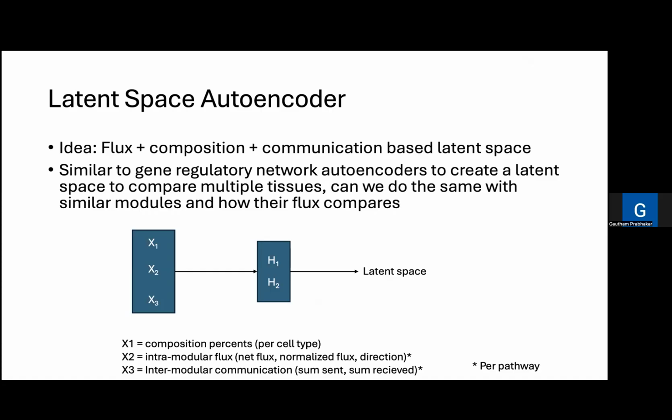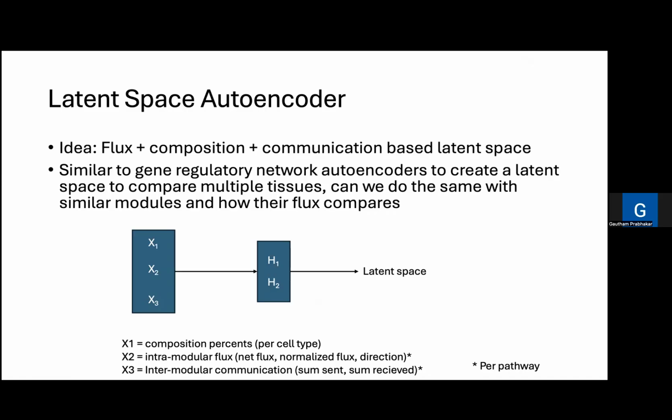And then the third component of the model would be the intermodular communication. So inside the module, how is signal sent? Are there more signals received, some sent, some received within the module? How much activity is happening in these modules? Each of these would be an individual feature, and we'll multiply that by the number of pathways we have, so we should have a pretty robust model.